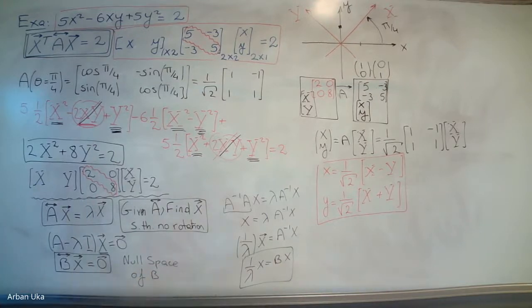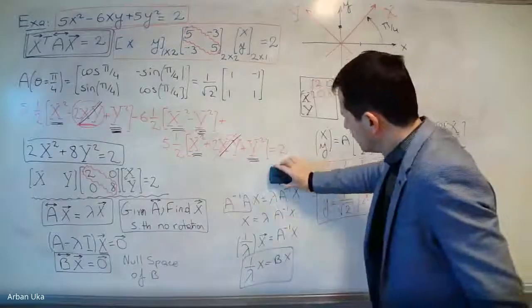So solving this system is equivalent to finding the null space of B. And what is one possible solution for this equation, B times x is equal to 0? You have the trivial solution. That's true. But you can also have infinitely many, depending on the equation.